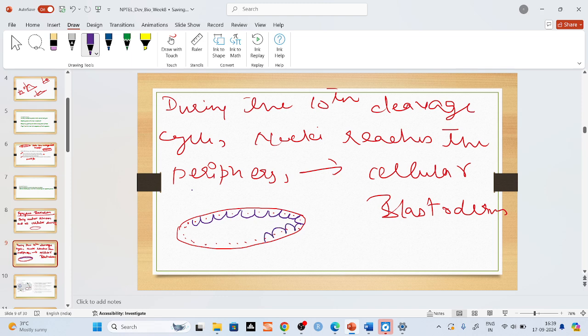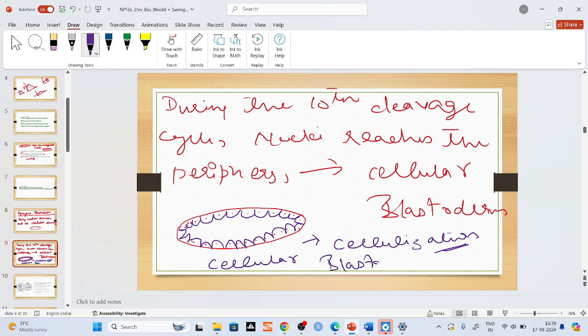Can you understand like this? I'm just trying to explain what happens if there is only one nucleus. So this process is known as cellularization, and this is a cellular blastoderm.